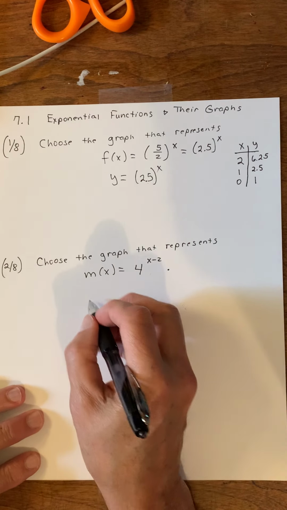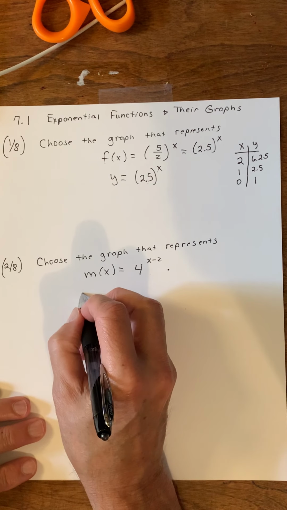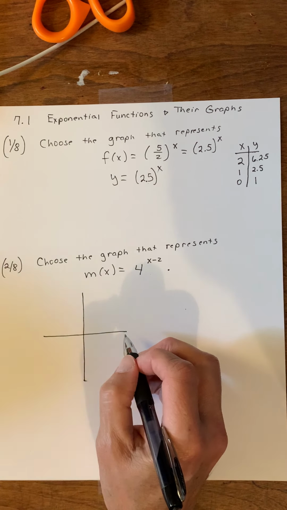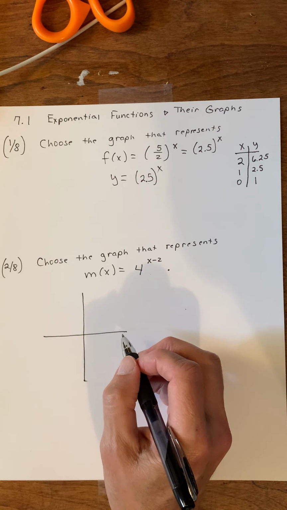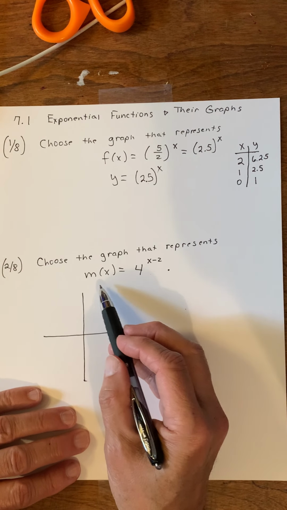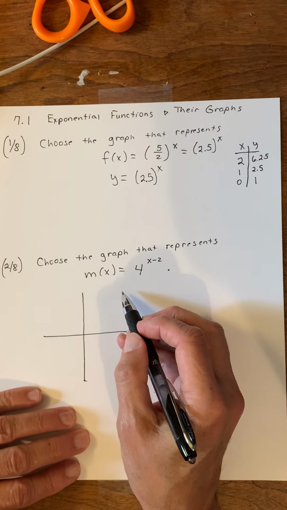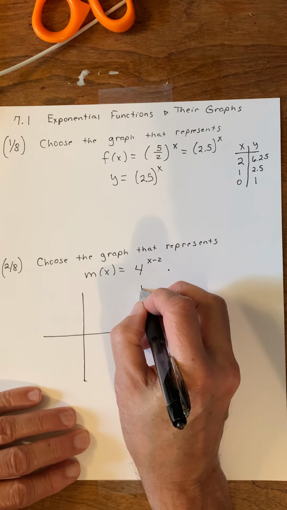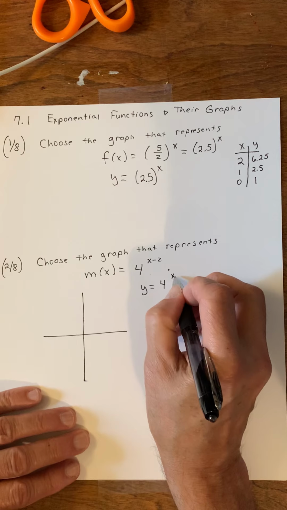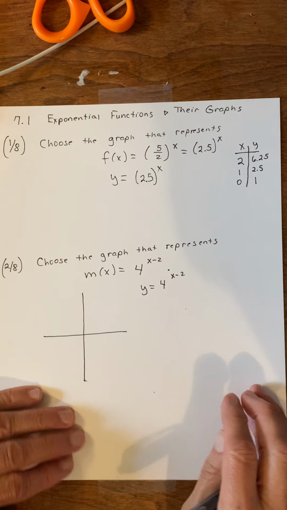So let's look at this graph to start with. Let's think of it as a y. So y equals 4 to the x minus 2.